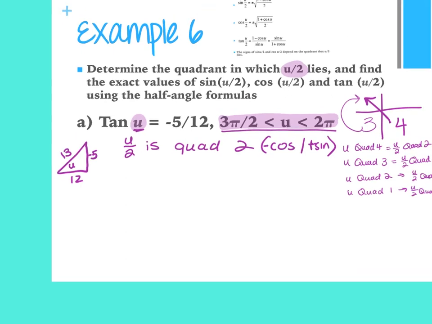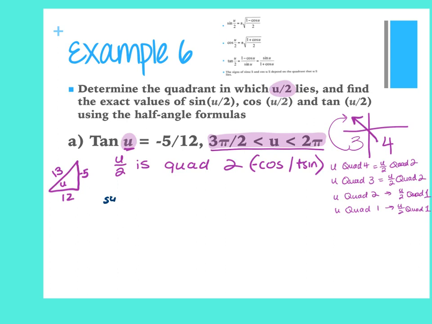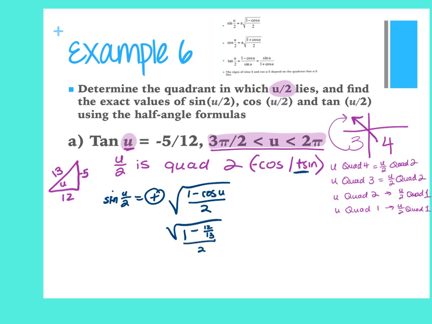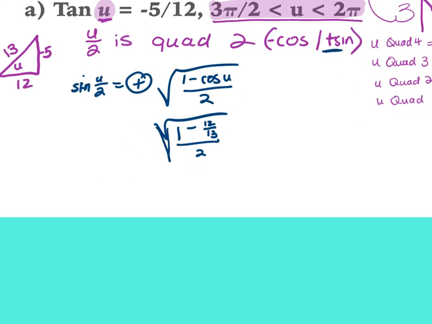So now the sine of U over 2, which we said is going to be positive, is the square root of (1 minus cosine of U) over 2, which is 1 minus 12 over 13, over 2, all that underneath the square root. This becomes 13 over 13 minus 12 over 13, so 1 over 13 over 2.